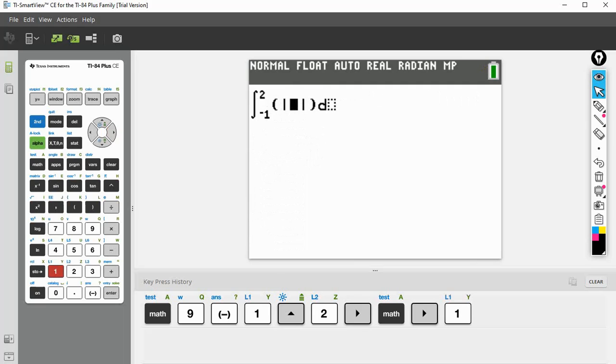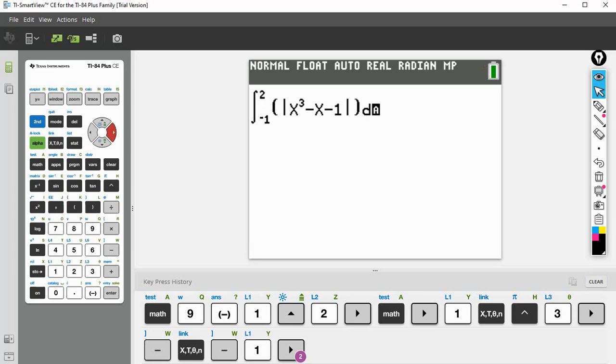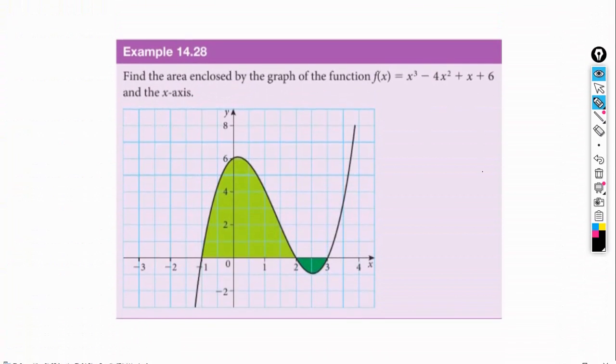So now we just have to put in the function, which was x cubed minus x minus 1. And then we also have to put the symbol for x here to indicate that we're going to do the integration for x. And just click on enter, and there it is.